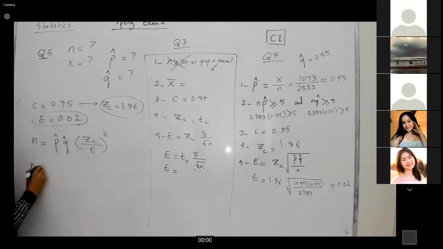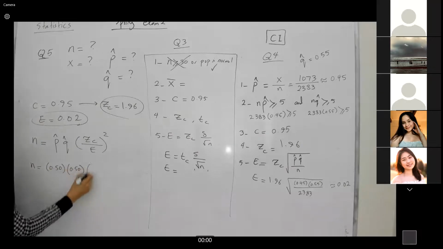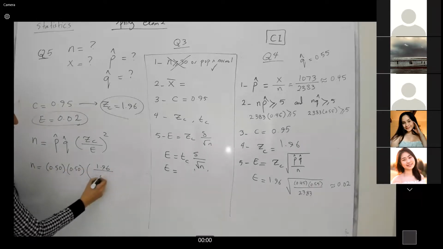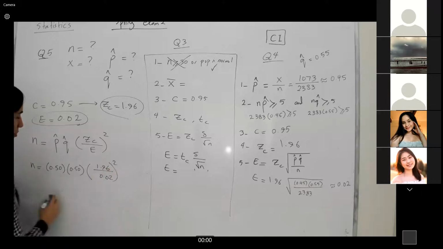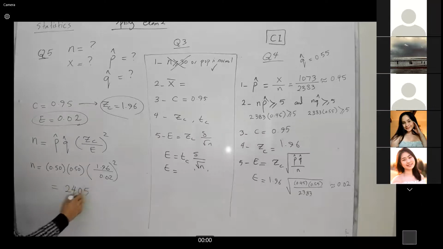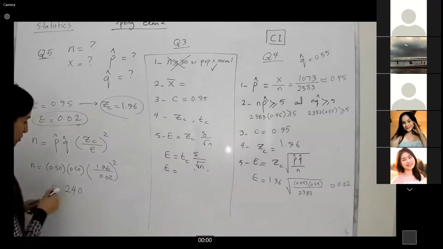Excellent. So n is 50% times 50% times zc 1.96 divided by 0.02, raised to the second power. So what is your minimum sample size? 2,401.